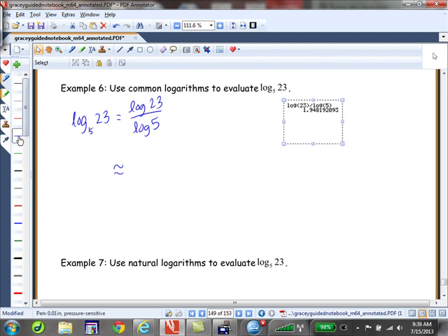So we would get approximately 1 point, let's go to the nearest hundredth, 1.95.